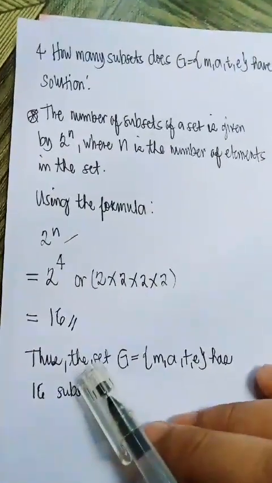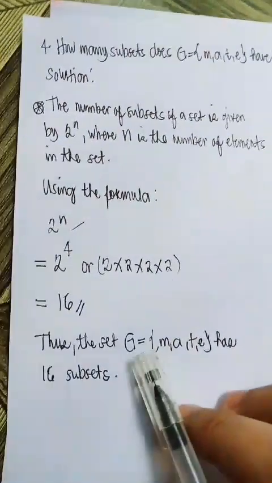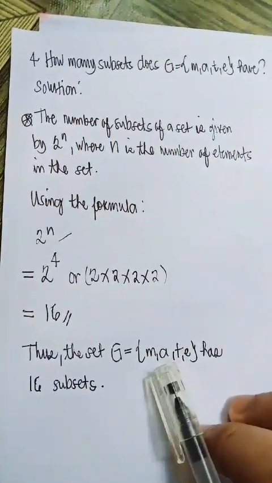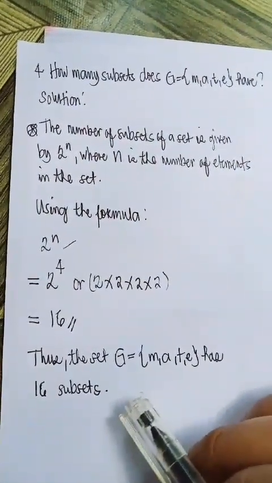Thus, the set G, which contains the elements M, A, T, E, has a total of 16 subsets.